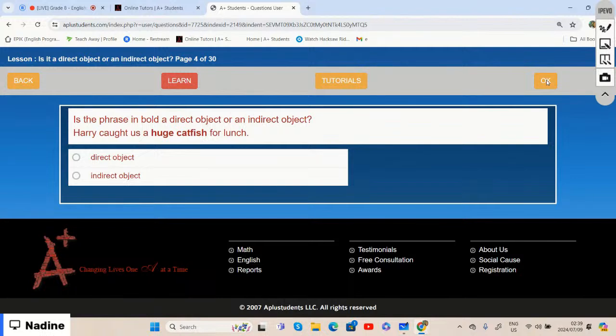So we need to ask ourselves, what did Harry catch us for lunch? And we will say he caught us a huge catfish for lunch. So huge catfish is our direct object.